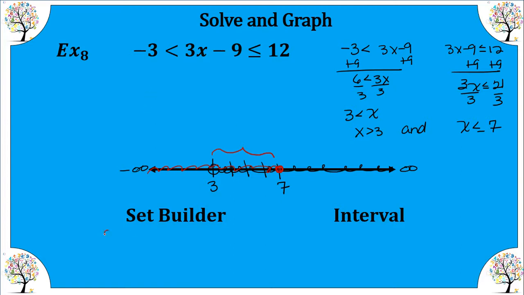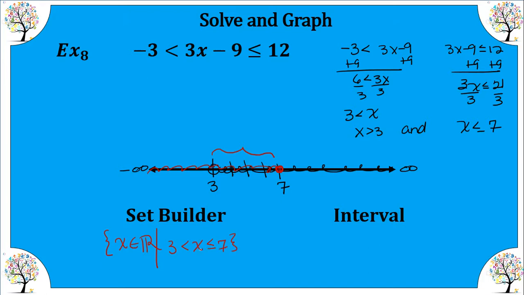So let's do set builder notation. So we have x such that x is an element of the real number system such that, so we're going to have these two sandwiched together, and so it's the intersection. So we're going to sandwich x, and so x is greater than 3, and it's also less than or equal to 7.